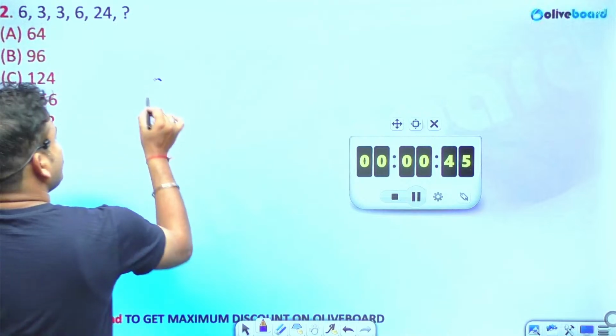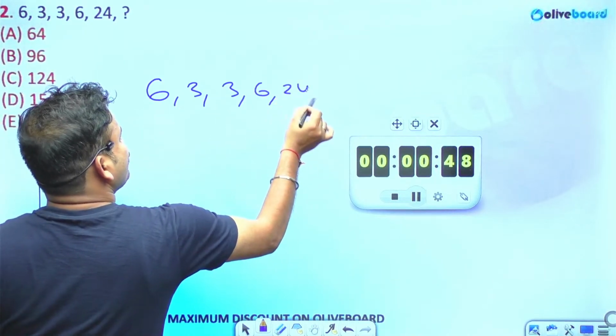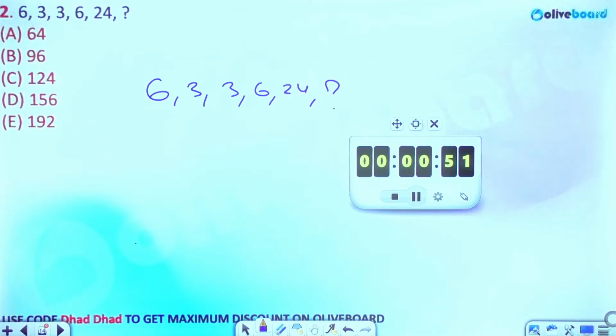This is 6, 3, 3, 6, 24, question mark. Anybody getting the answer for this?